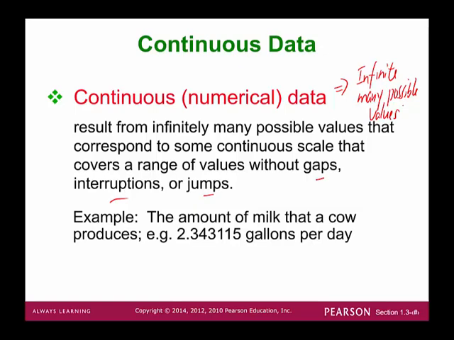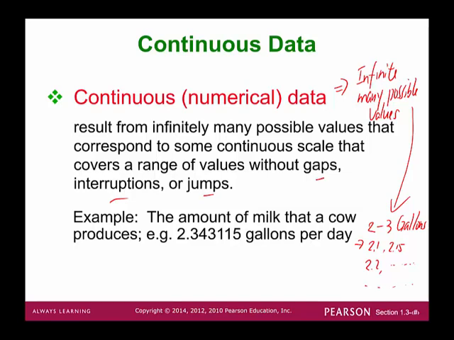For example, the amount of milk that a cow produces, say 2.343115 gallons per day. A cow could produce 2 to 3 gallons of milk on a given day, so anything between 2 and 3 is possible. It could be 2.1, 2.15 gallons, 2.2. So you have infinitely many values available here. That's what they mean by infinitely many possible values.